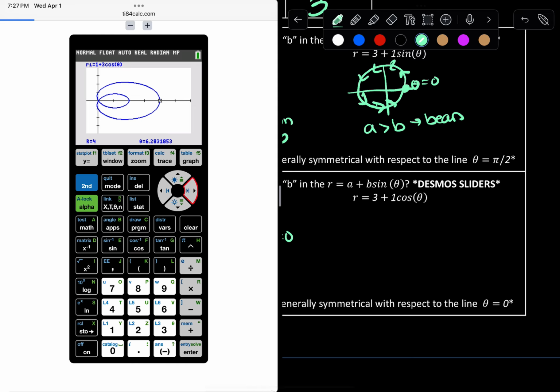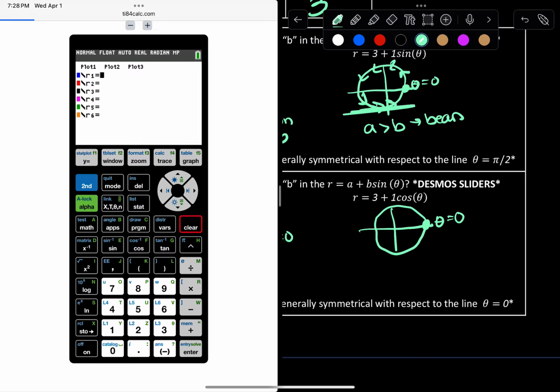With this one, we're going to start on the polar axis again. And then the bean, instead of being a little flat on this portion, it's going to be flat on this portion. So it's going to go up, flatten out a little over here, and then finish back where it started. If you need to see that, we have 3 plus 1 cosine theta.